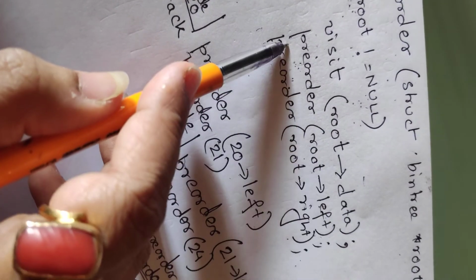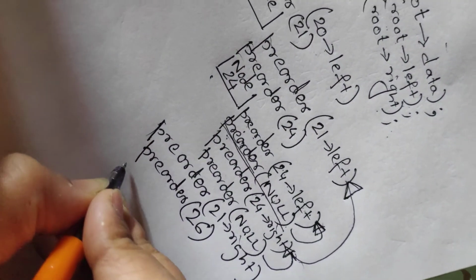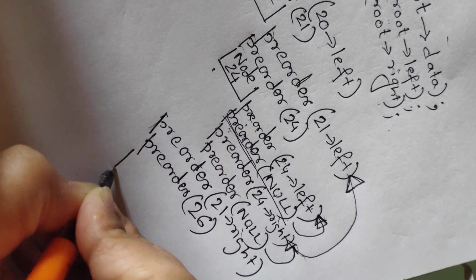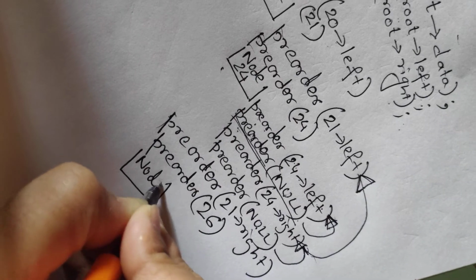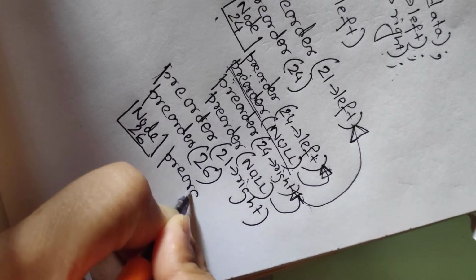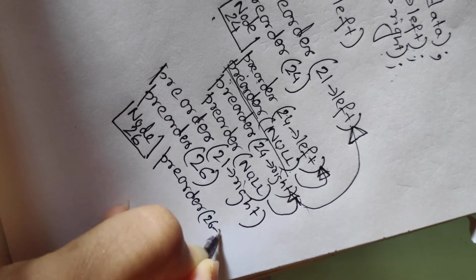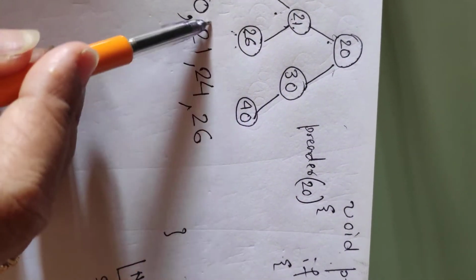Next line, preorder root left. That means you call from here, 26 is saved onto the stack, and you call preorder 26 left. Now what is there in 26 left? If you see, in 26 left you have null.